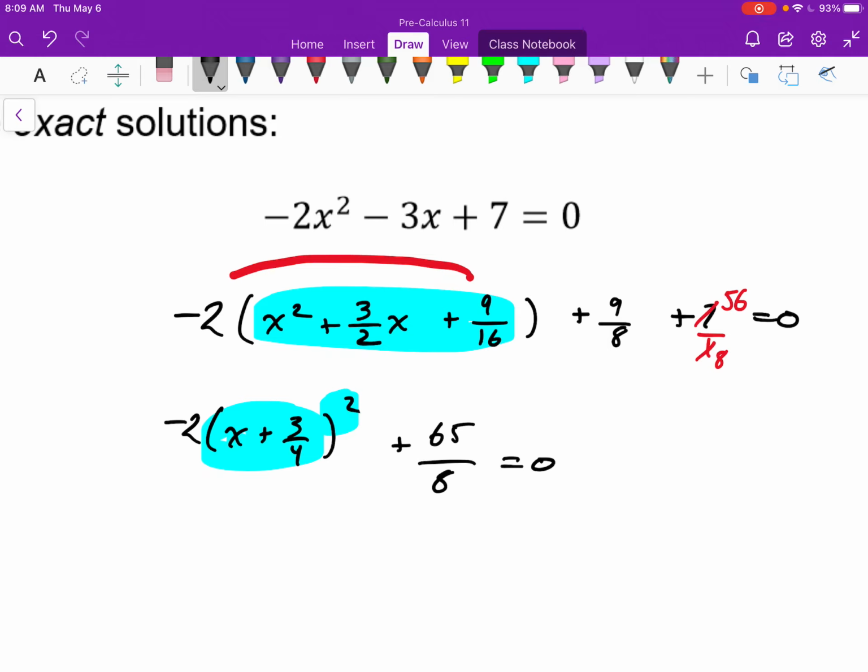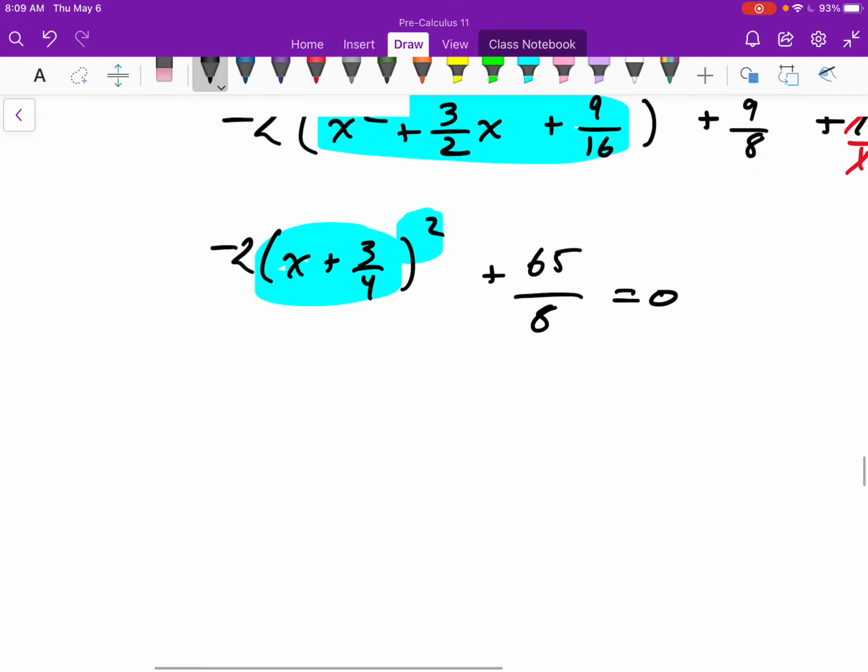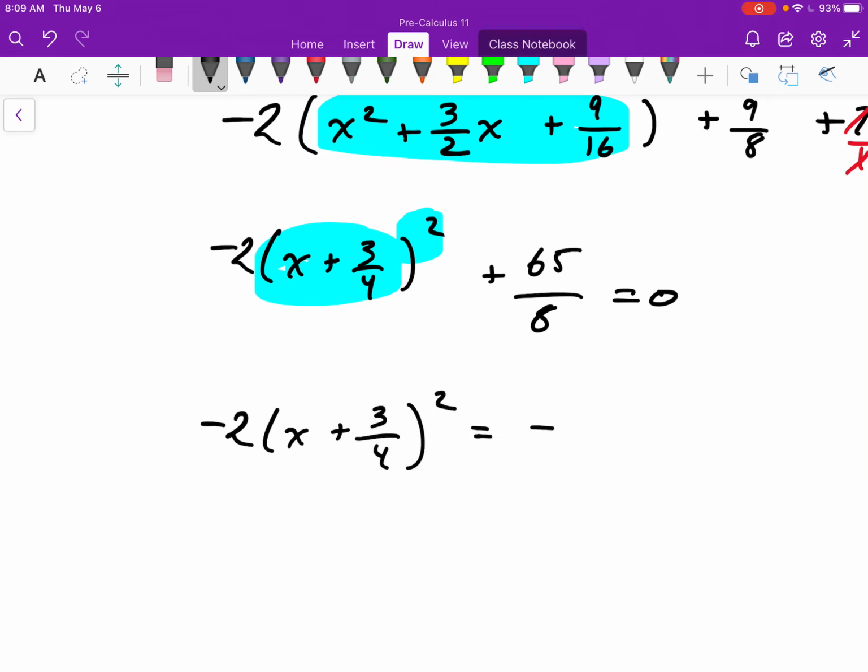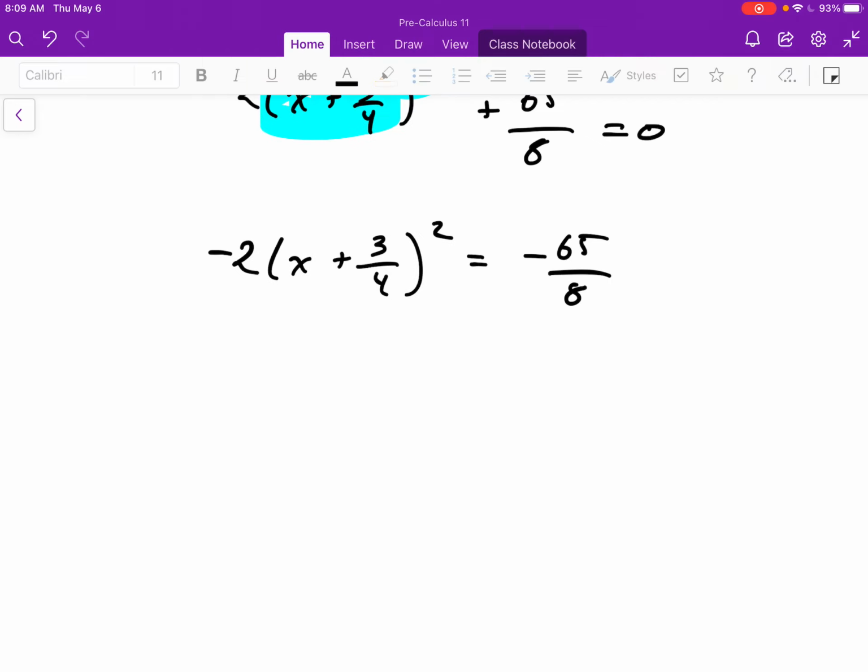So with that said, let's subtract 65 over 8 from both sides. Let's divide both sides by -2.